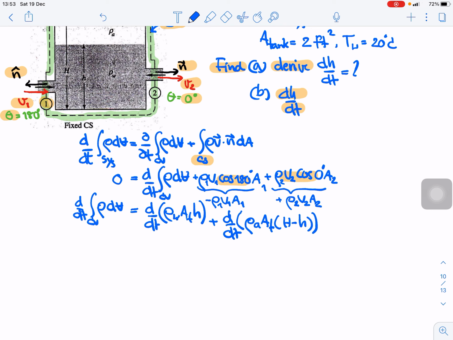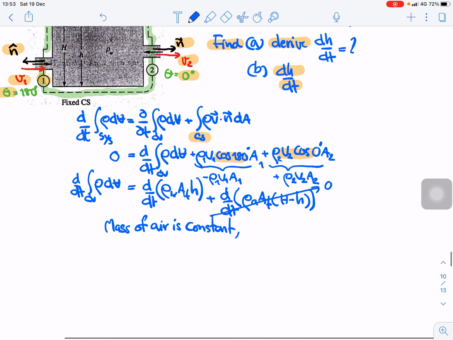But in this case, we assume that the mass of air is constant, so this term is equal to 0.